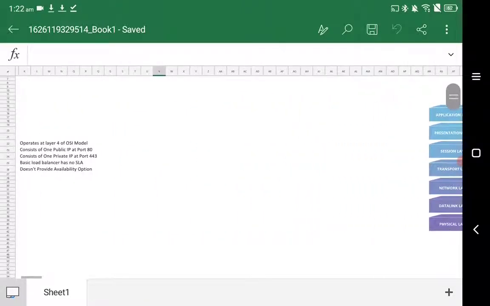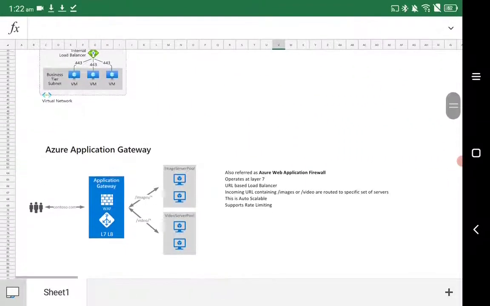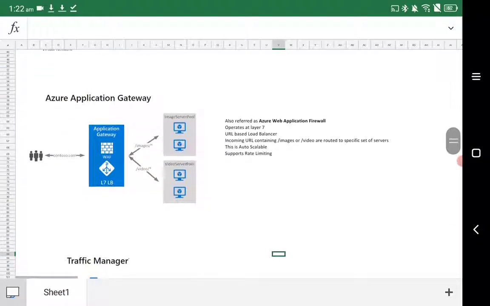Let's move on to the second type of load balancer, which is called the Azure Application Gateway. This is also referred to as the Azure Web Application Firewall, and it operates at level 7 of the OSI model. It's a URL based load balancer. What it does is route the incoming traffic, which may contain images or videos, to a specific set of servers.